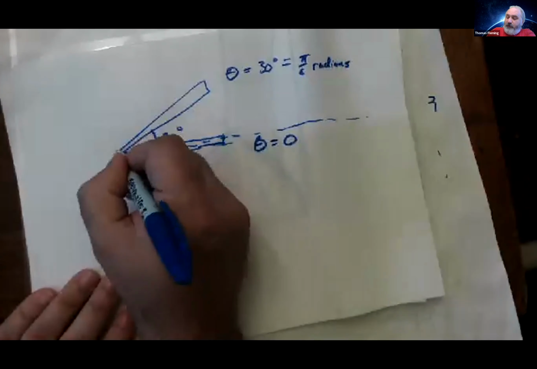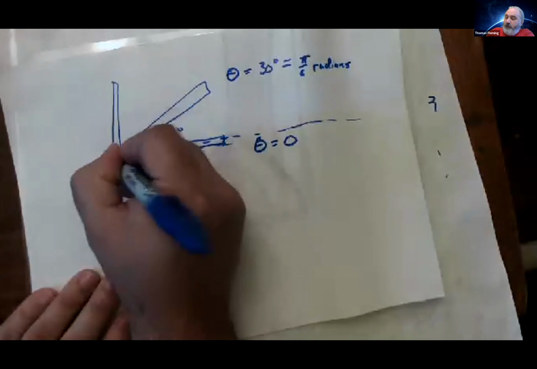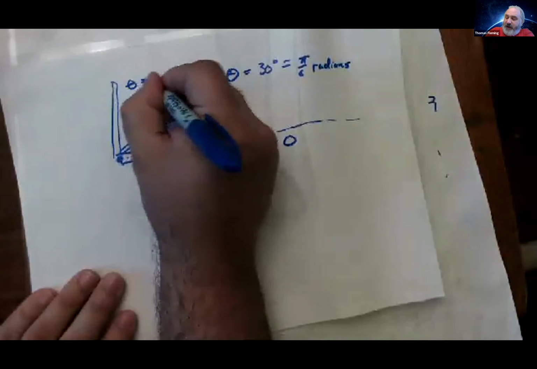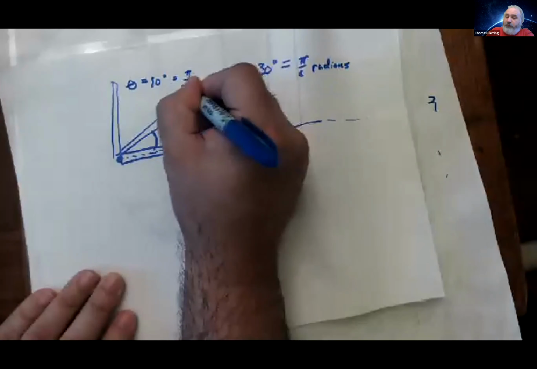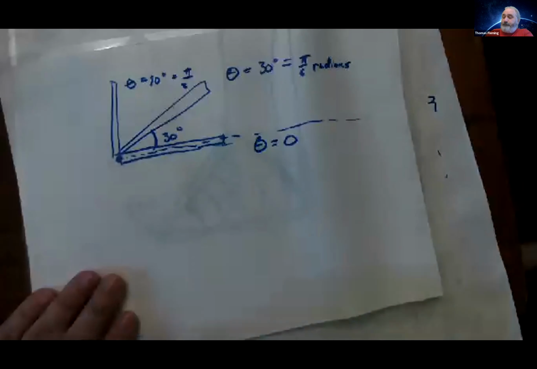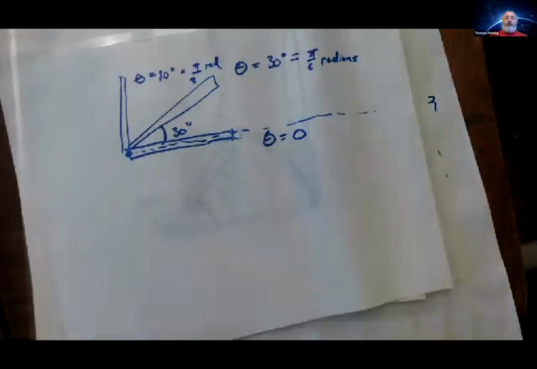Later on, if I've rotated it until it's straight up vertical, then that would be obviously theta equals 90, or pi over 2 radians. Right? And you can just keep track of how far it has rotated, always referring to that initial orientation.